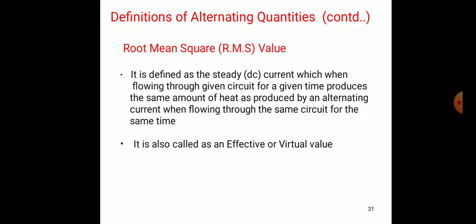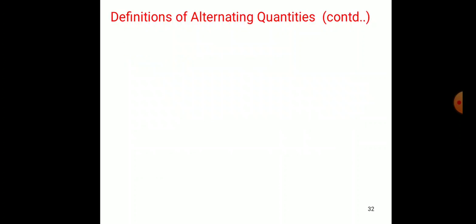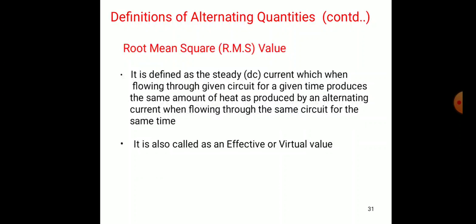The another one is root mean square value, that is nothing but the RMS value. This is also very, very important. We don't have any method to find the alternating value directly, so that value is measured in terms of the DC value.